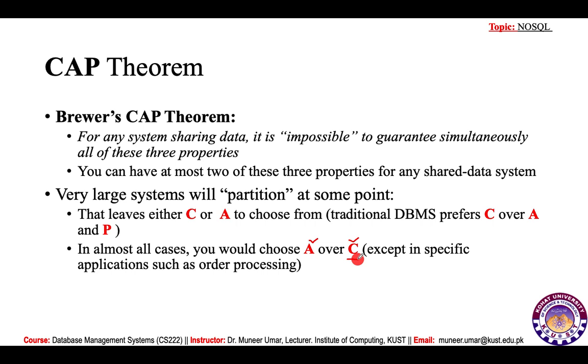By availability, we mean that the user can access the services. The data or queries of users are processed in time, and there might be some inconsistent data, but the foremost thing is availability. The system must be available to the users.